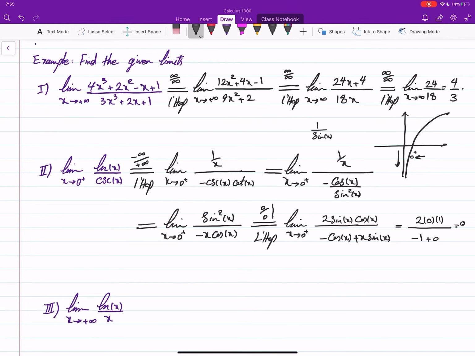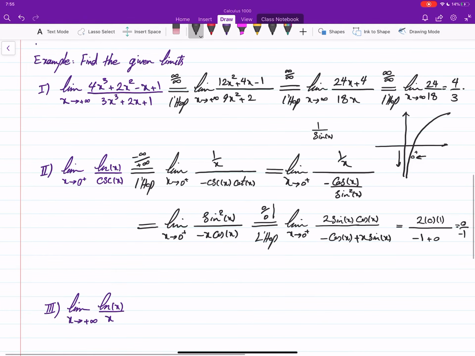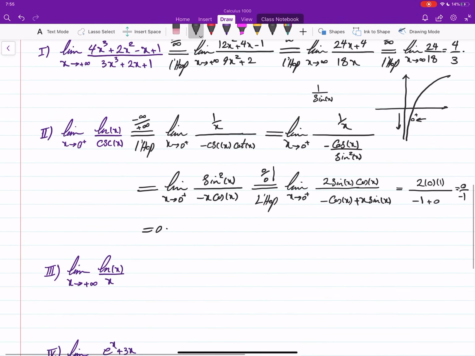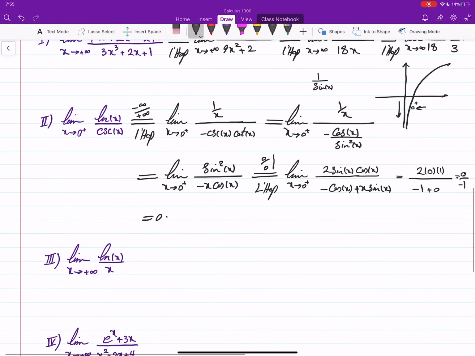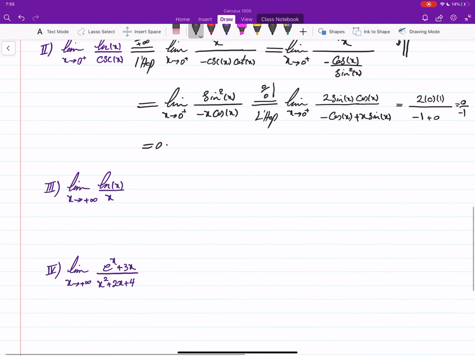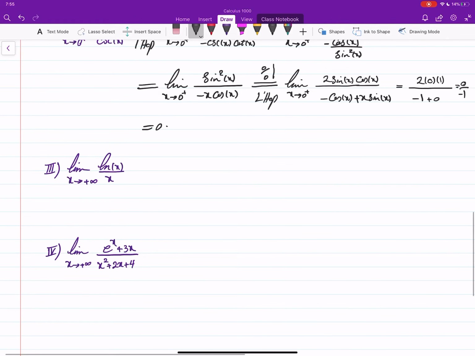So I have 0 over negative 1, and that gives me just 0. So I had negative infinity over infinity. I did L'Hopital, turned it to 0 over 0 indeterminate form, and then applied L'Hopital's rule another time, and I got 0 there.